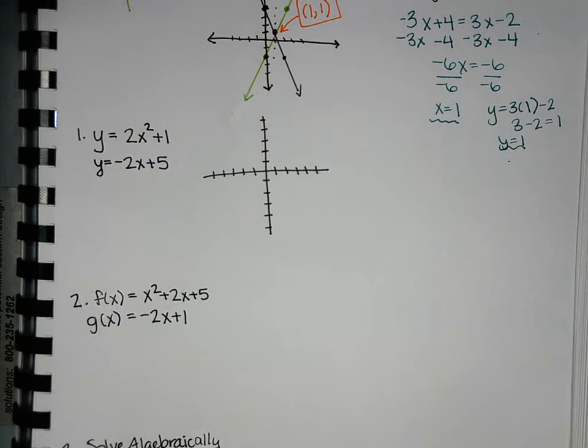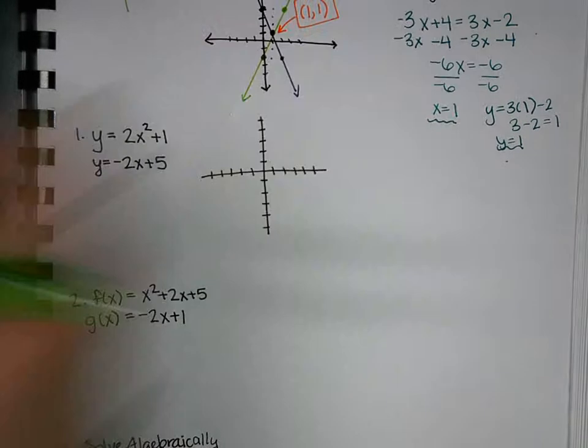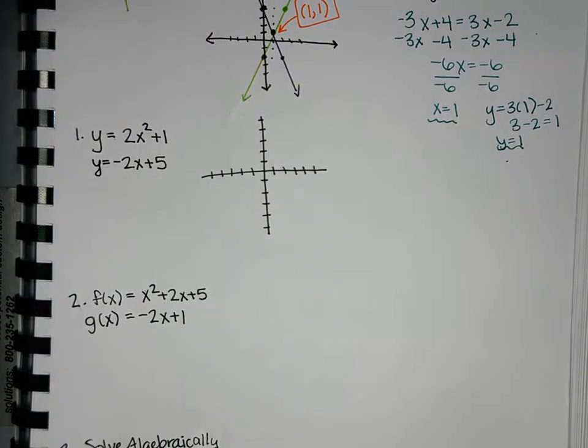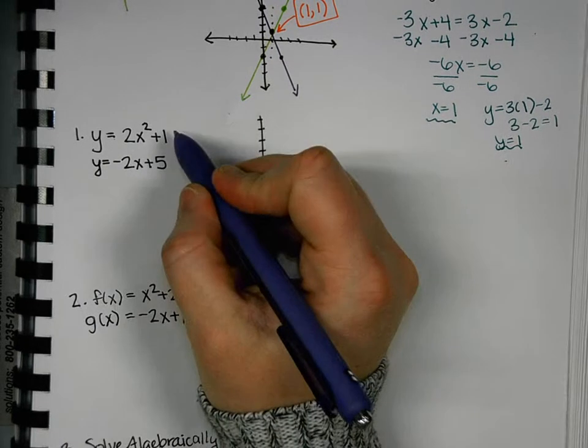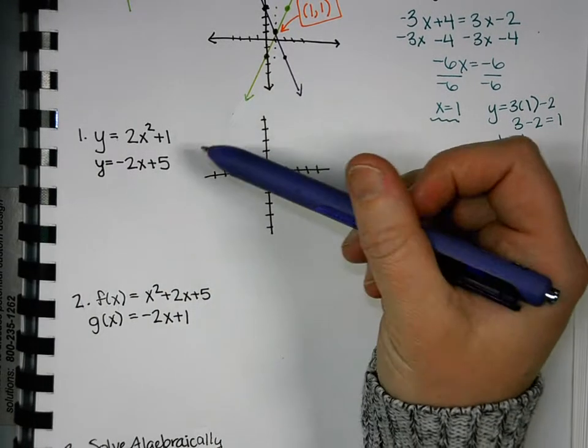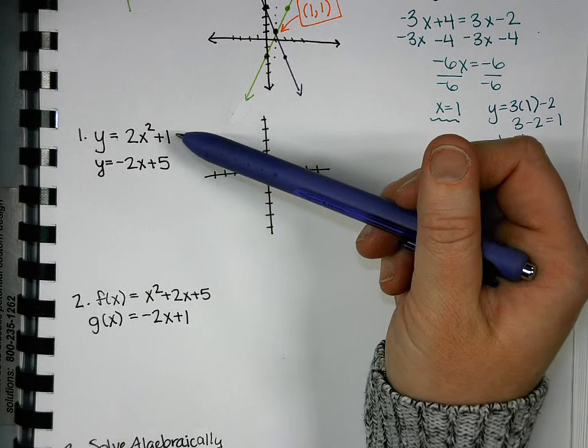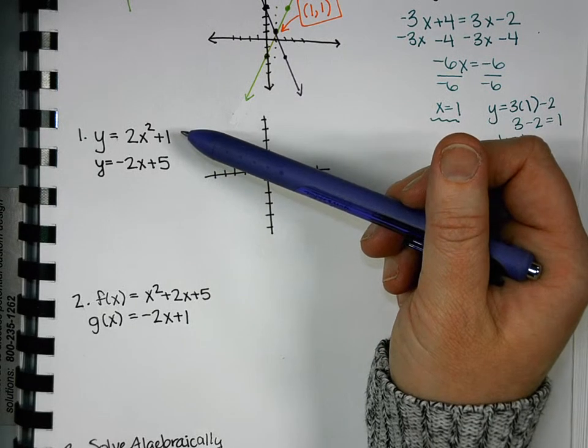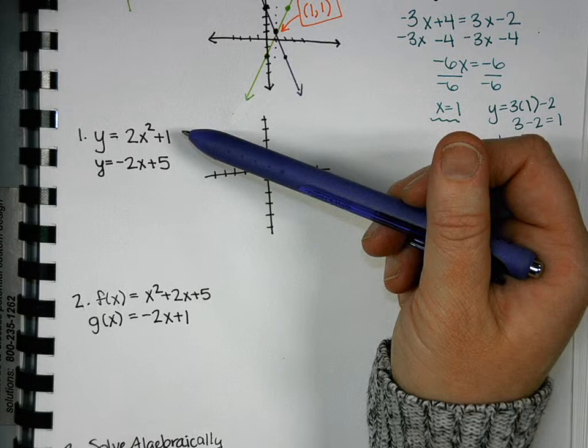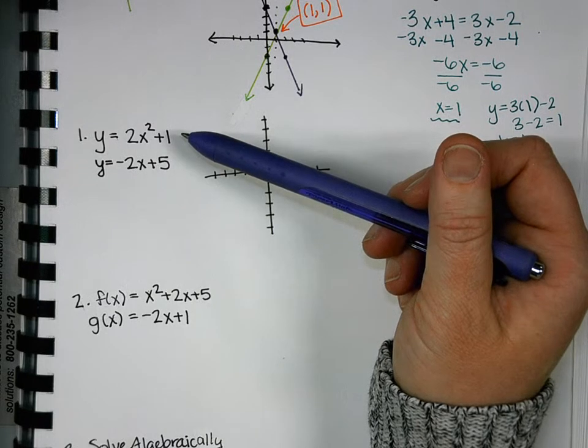So again, I'm going to do one of them in purple and one of them in green, just so that way we can see the color difference. So I'm going to start with the parabola. How do you want to graph the parabola?